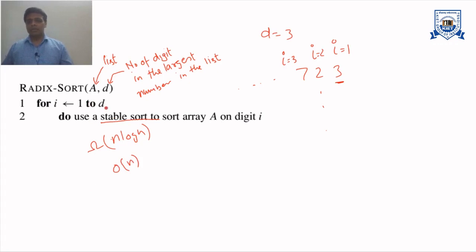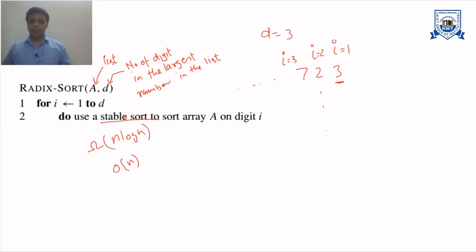So in this algorithm it is written that any stable sort would give you your desired result. But if we perform a linear sort here, which also should be a stable sort, then it would give you the result with lesser complexity.